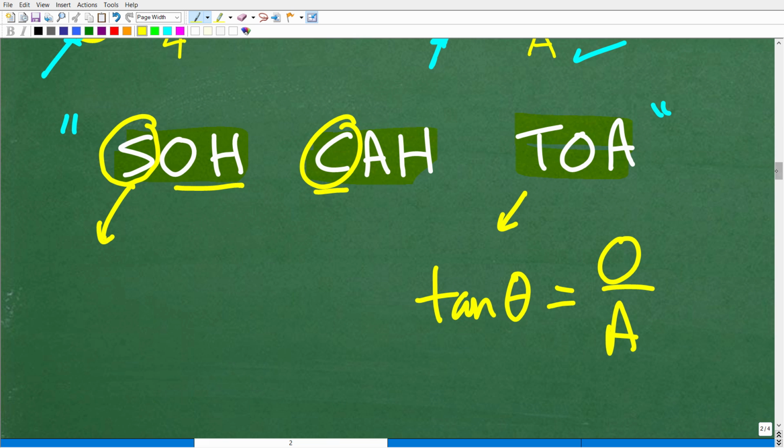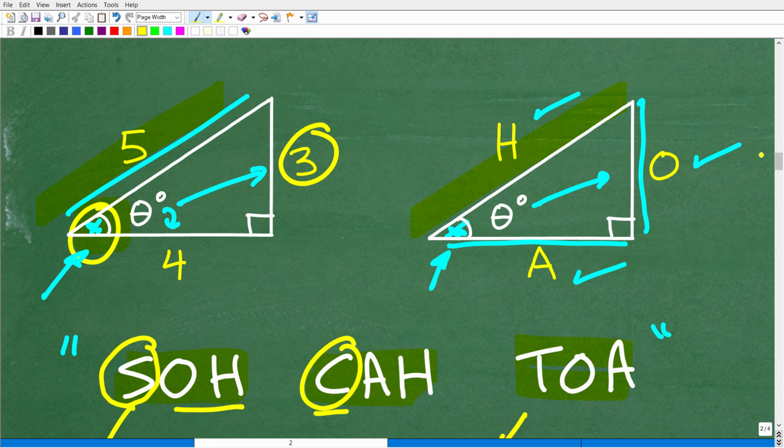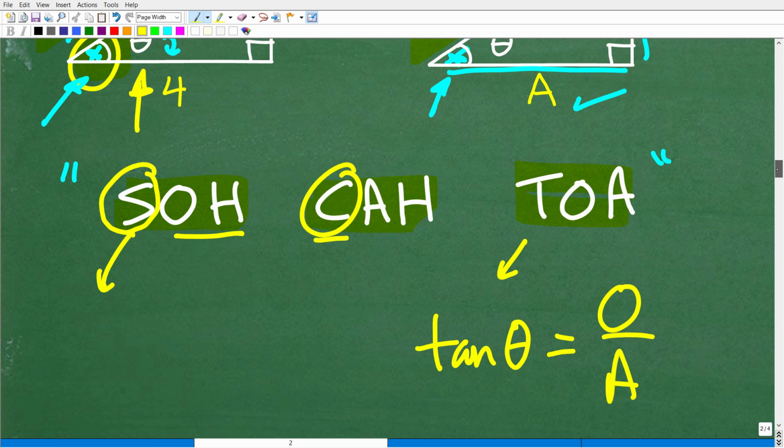As long as we have these sides identified and our angle, we can find the sine, cosine, and tangent. This is going to be the first step in being able to solve for the angle, but we can't do that unless you understand this SOHCAHTOA business.